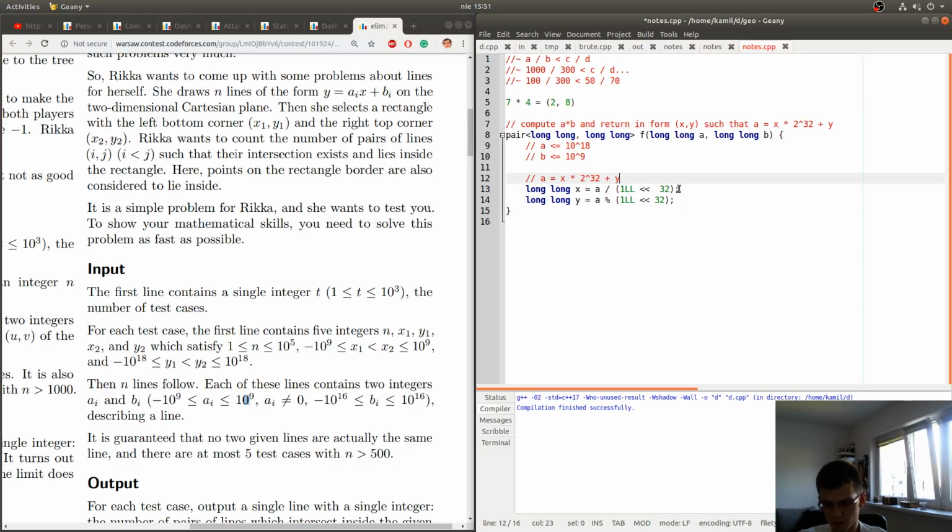But now we want to do the whole thing with a times b. By the way, in C++, instead of this, you can write things a bit easier. This also can be written as a shifted by 32 bits. This is equivalent, so we could also write x is equal to that.